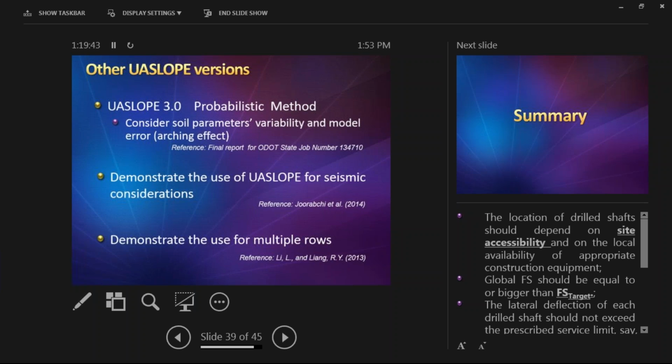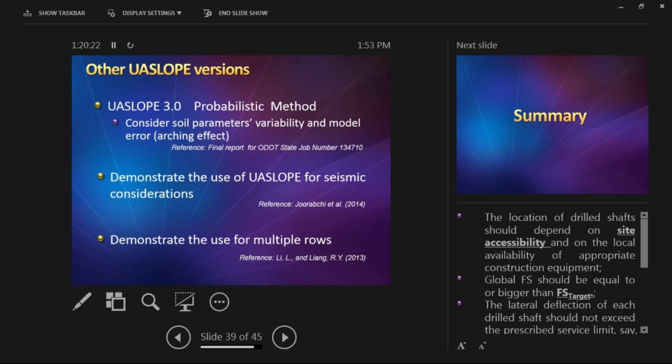So we are able to take into account the soil parameter variability and model errors like the arching effect, the eta effect, that we know doesn't match the straight line perfectly. This was already finished, and you can find the report, and there's a state job number indicated here. If you are interested in using this program because you want to look at the probabilistic approach, it is available either through ODOT or you can contact me.